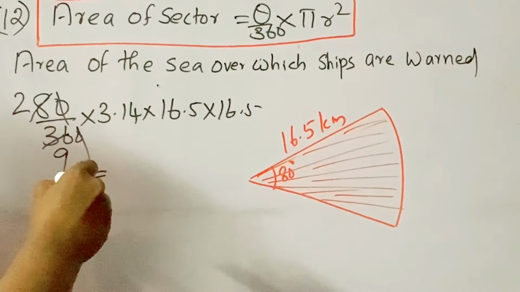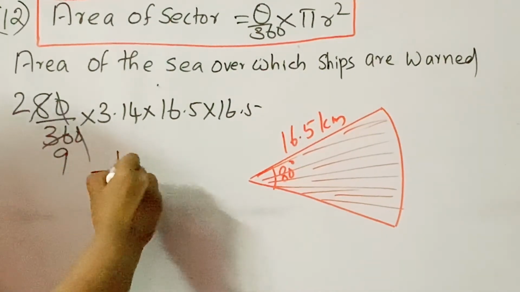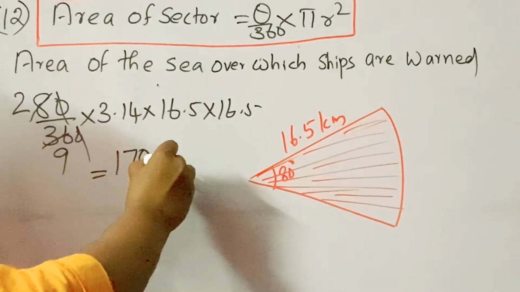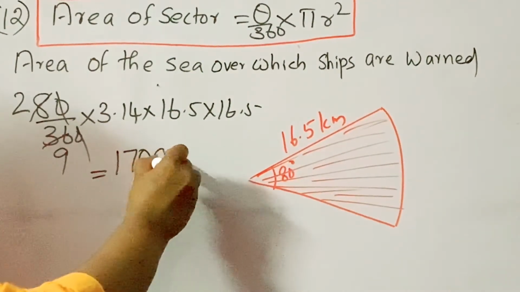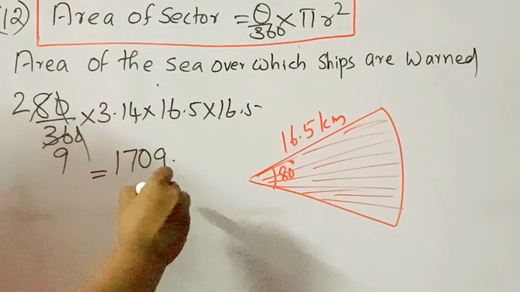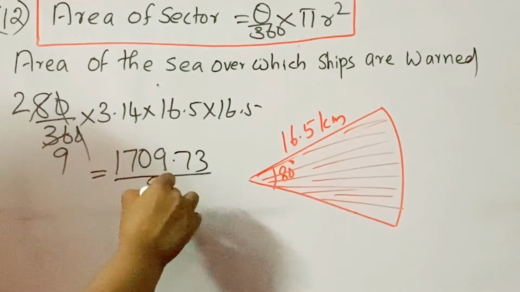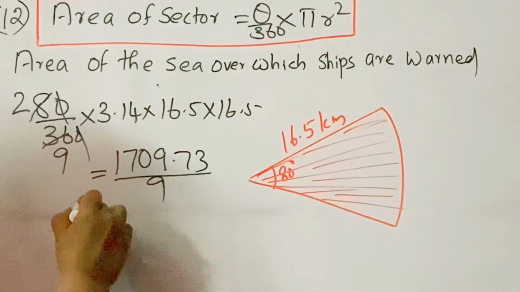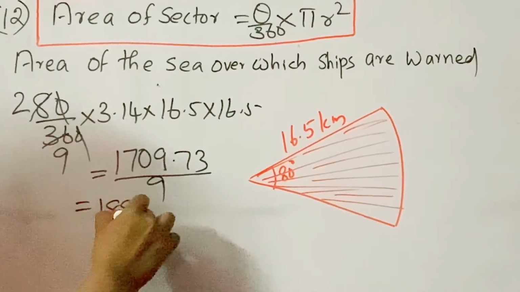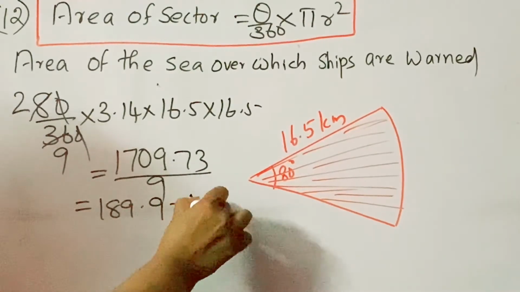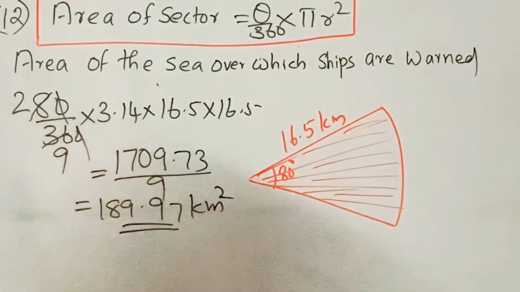So we get 1709.73 divided by 9. That is 189.97 kilometer squares.